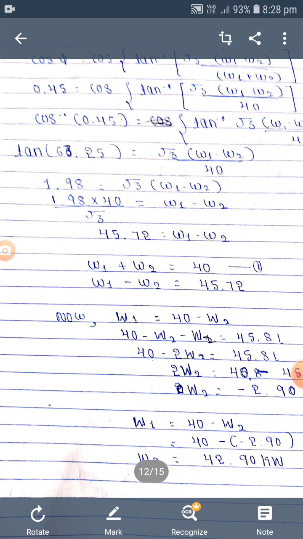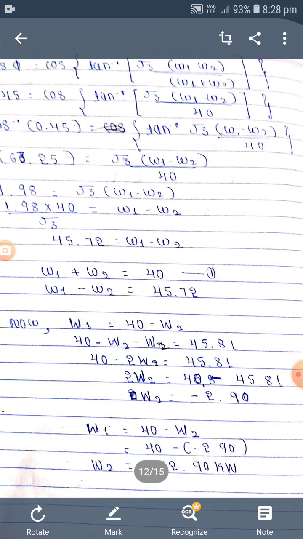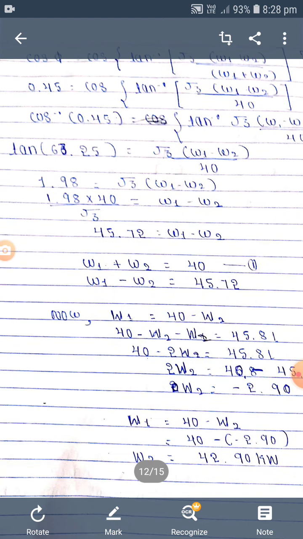Then you transfer the tan inverse to the left hand side, then it will become tan of 63.25 is equal to root 3 W1 minus W2 divided by 40. Tan of 63.25 will be 1.98. Then 40 will be transferred here, then root 3 will be transferred here.